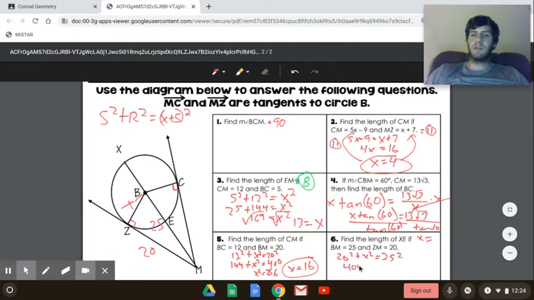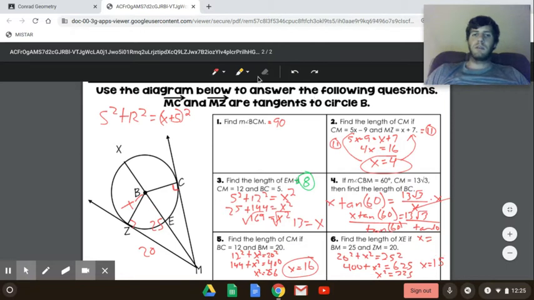That's 400 plus x squared equals 625. So x squared is going to equal, you subtract 400 from both sides, that's going to be 225. And then when you take the square root of both sides, you're going to get x equals plus or minus 15. But since it's distance, we want a positive 15.